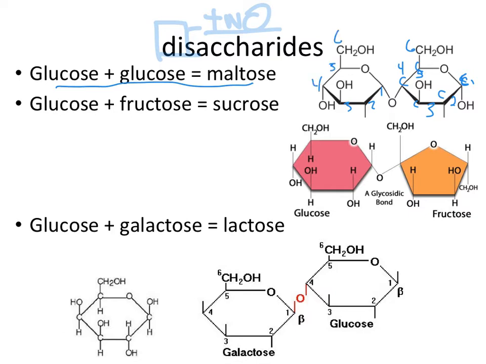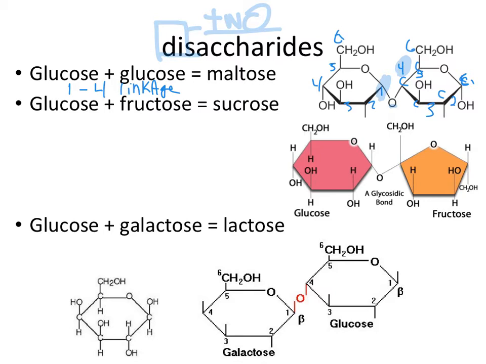Okay, so what I want you to see here when you're looking at glucose in this form that's drawn is you have what's called a 1,4 linkage. And that's because you've got the first carbon here bonding with the fourth carbon via an oxygen.